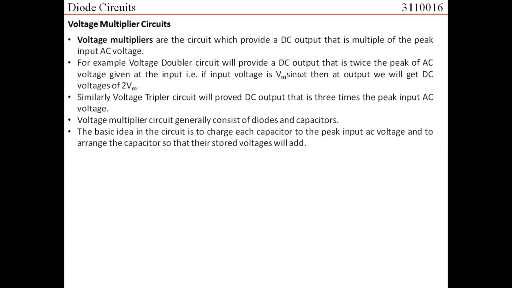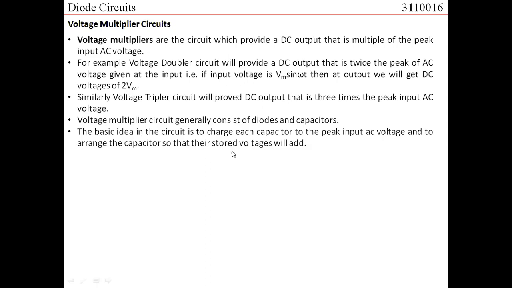As we discuss the circuit, we will understand that each capacitor is charged to the peak voltage, say Vm, and the capacitors are arranged such that this voltage gets added.